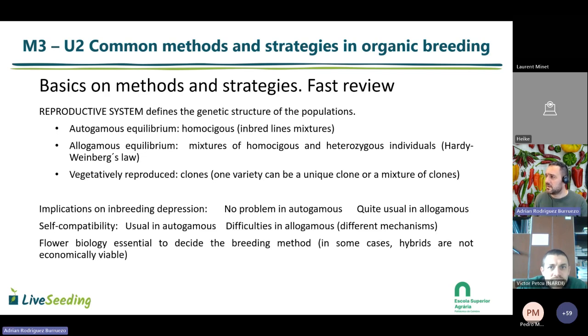In the case that your species is a highly autogamous species, the genetic structure equilibrium of this kind of species goes to homozygous populations. I mean, what you can find in a population variety of an autogamous species is usually a mixture of inbred lines, because they come from open pollination.